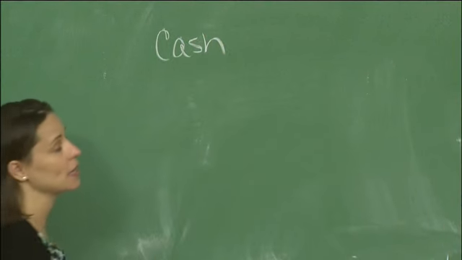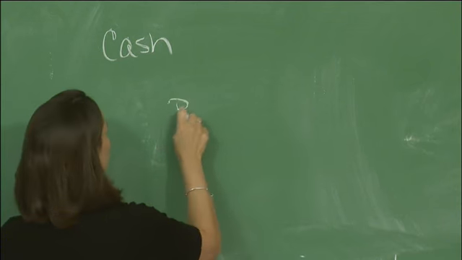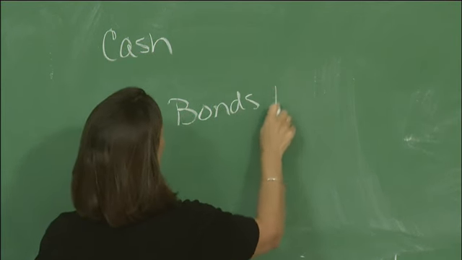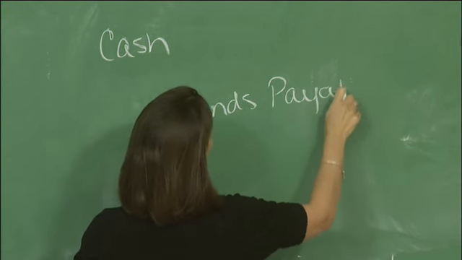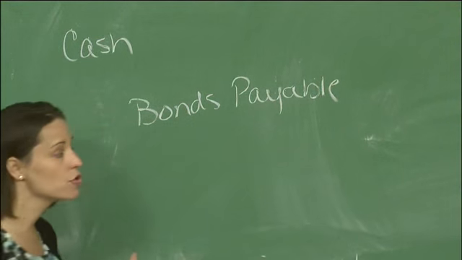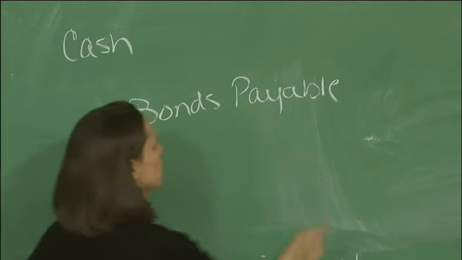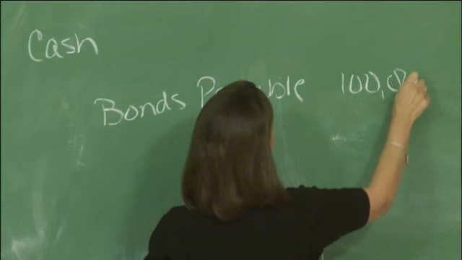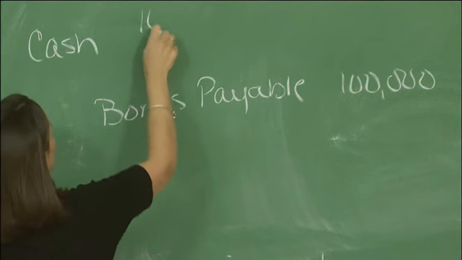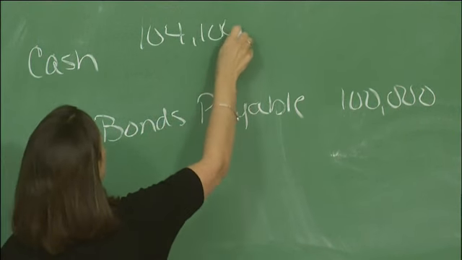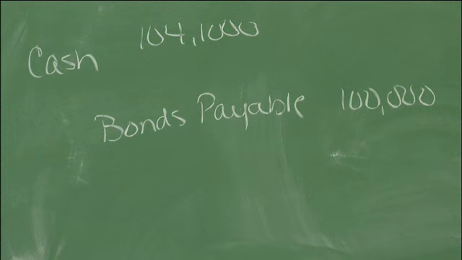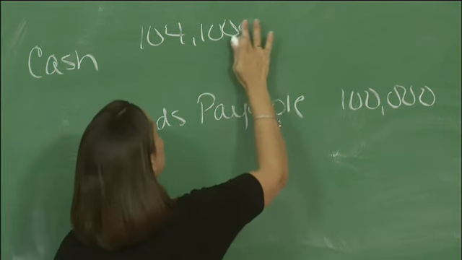If the bond is issued at a premium, you debit cash for the amount that you receive, and you always credit bonds payable for the maturity value. You can make up numbers if it helps. Let's say this was that $100,000 bond at a premium, cash $104,000.